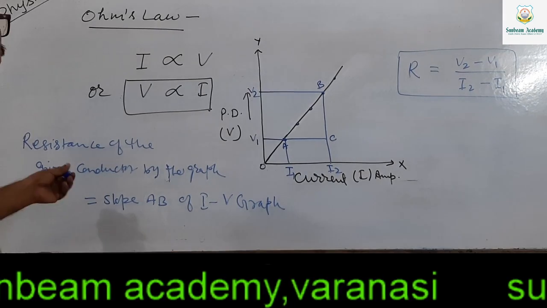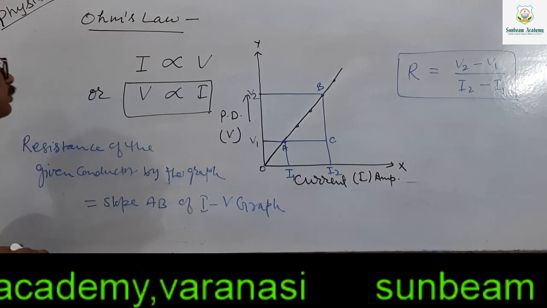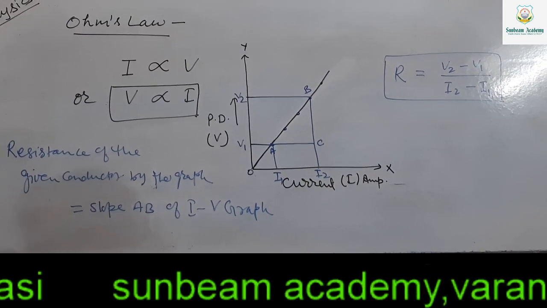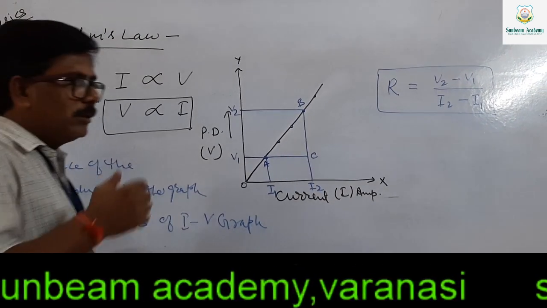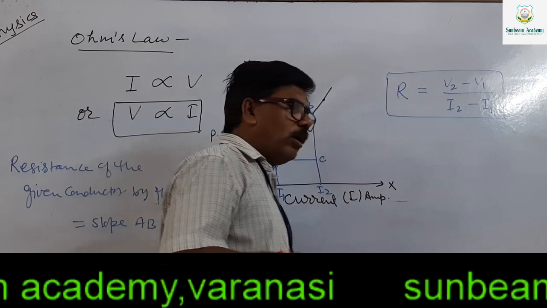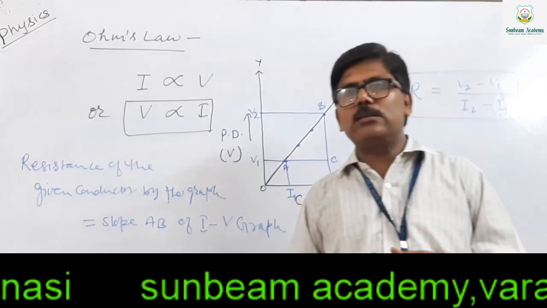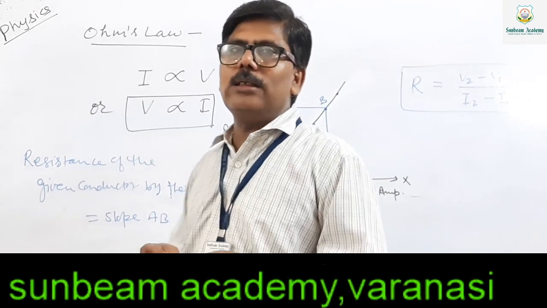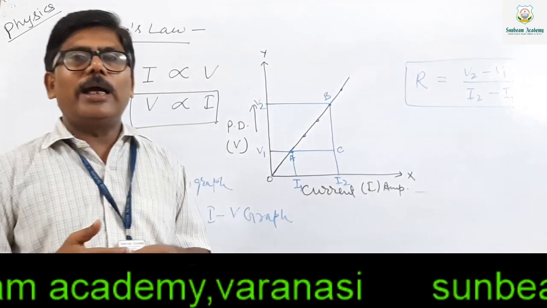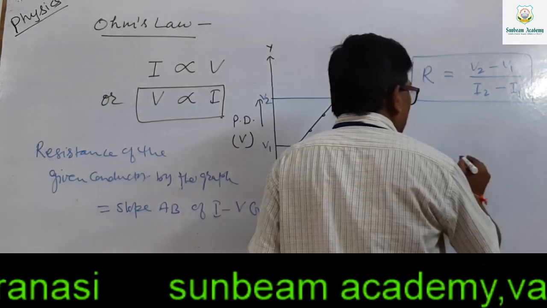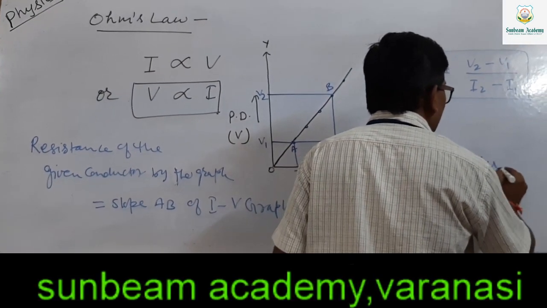And you know the unit of resistance is ohm, and the reciprocal of the resistance of the conductor is known as conductance, and its unit is mho. कंडक्टेंस का यूनिट क्या होगा?